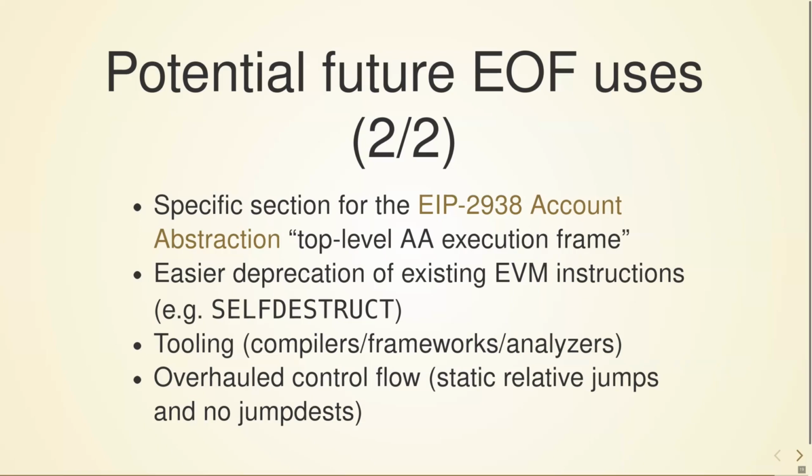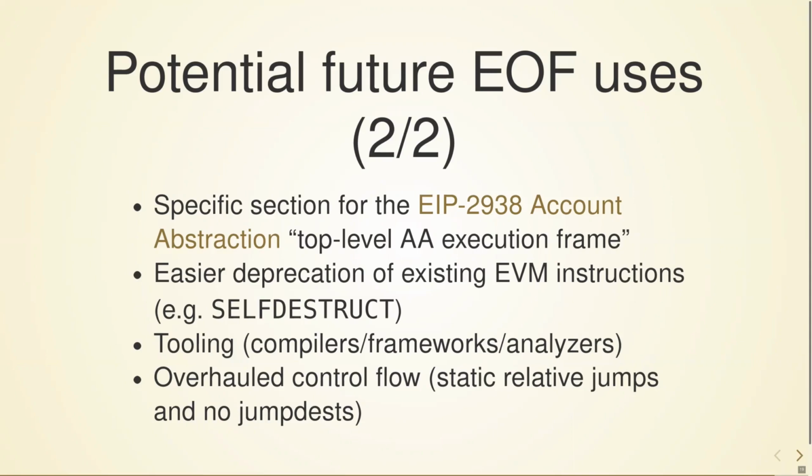But where this helps is, if in the future, let's say you have EOF and you have this restriction that only EOF code can be deployed, legacy code cannot, then deprecating features will be easier because you will have a fixed set of contracts which could be affected. Because right now, even if you want to deprecate self-destruct, this list of contracts which exist on mainnet is unbounded.